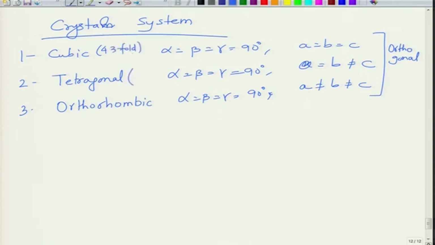For a tetragonal, you must have 1 4-fold. For orthorhombic, you must have 3 2-folds. These are the defining symmetries for these systems. And these 3 4-folds and these 3 2-folds are perpendicular to each other. Okay.